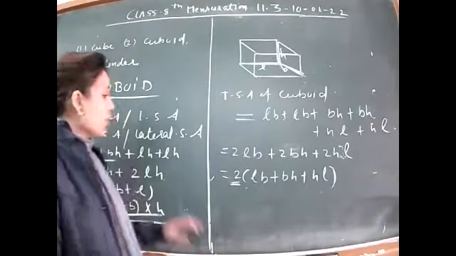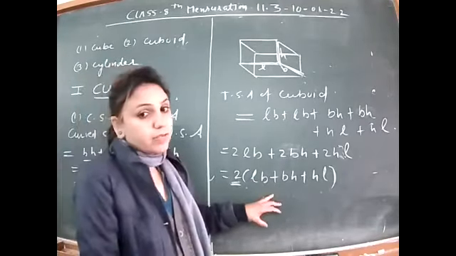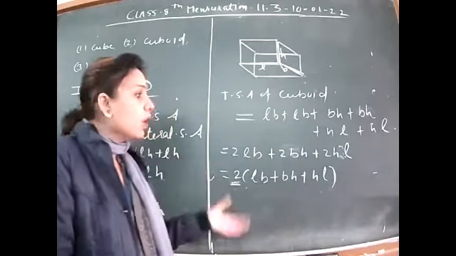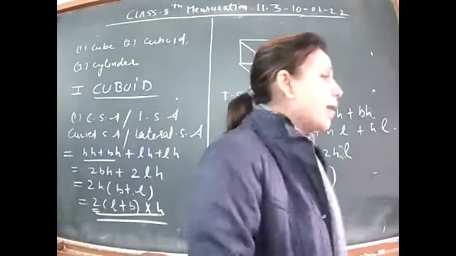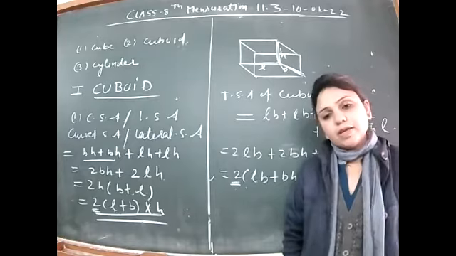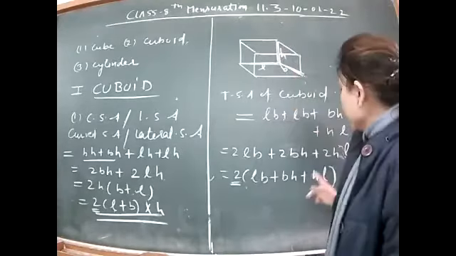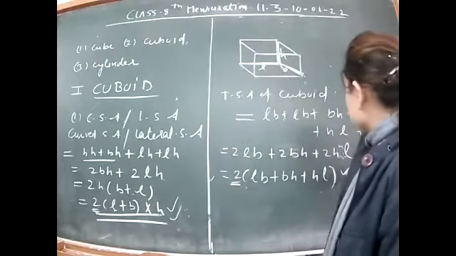And remember, when we are talking curved surface area, we are not talking about the roof and the bottom. But when we are talking about total surface area, that means we are talking about all the 6 faces. हम सारे के सारे 6 faces की बात कर रहे हैं जब हम total surface area की बात करते हैं. Keep this thing in mind. And moreover, these two formulas, they are to be known.